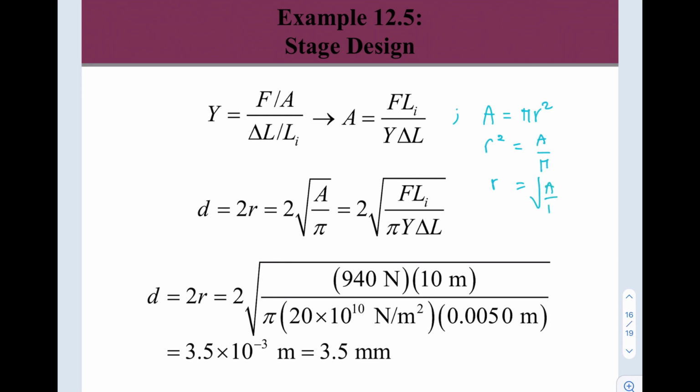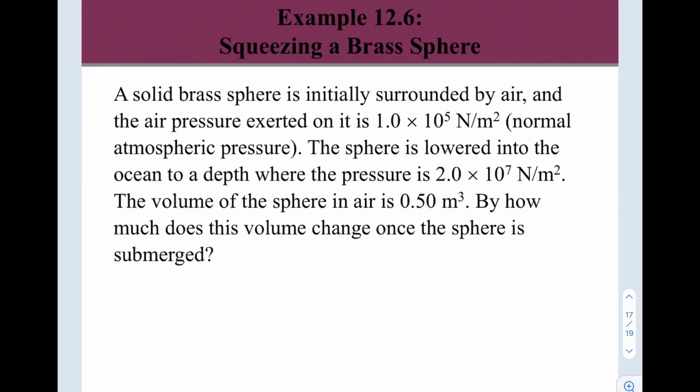So R itself is the square root of A over pi. Since D is 2 times R, which is 2 times the square root of A over pi, and our A itself is F L initial over Y delta L. So substitute it here, and you will get the value of diameter equivalent to 3.5 millimeter.